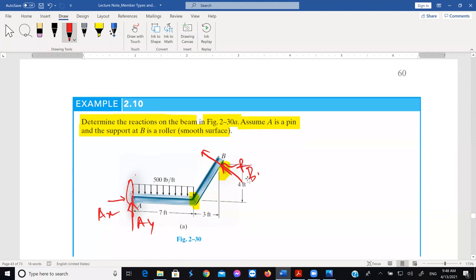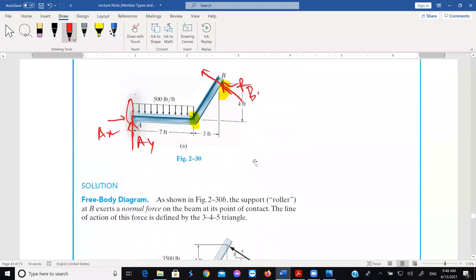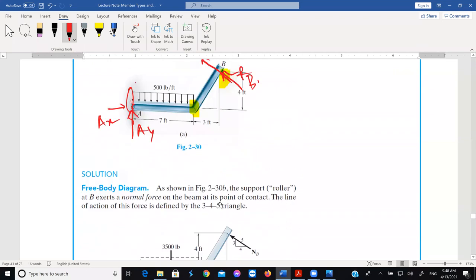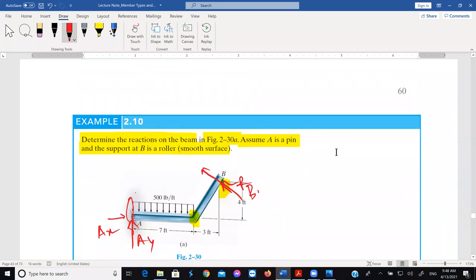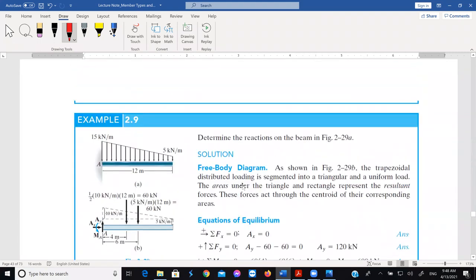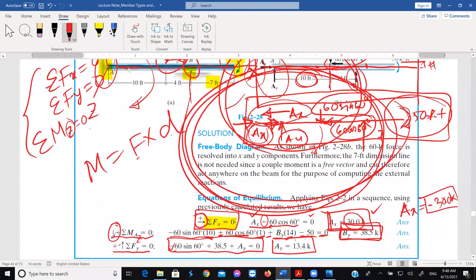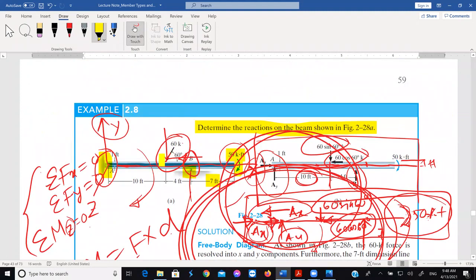Now we need to determine the support reactions here. So we make the free body of this structure and we can also have the line diagram. You can see the top inclined force acts on the top surface of the beam.